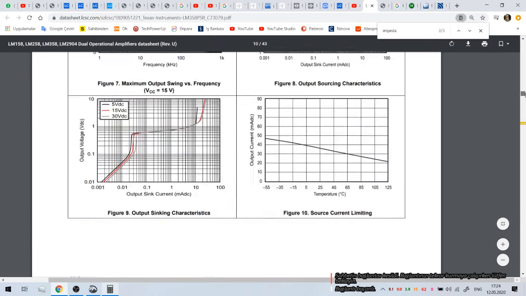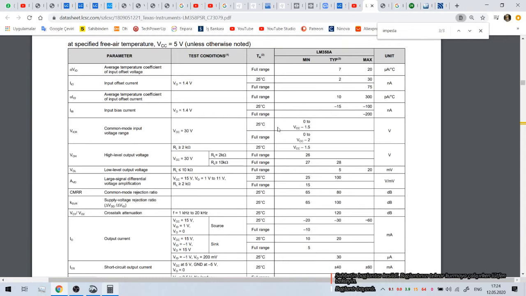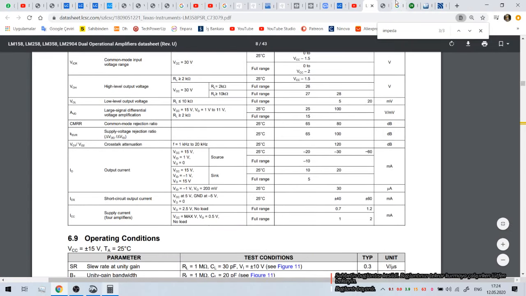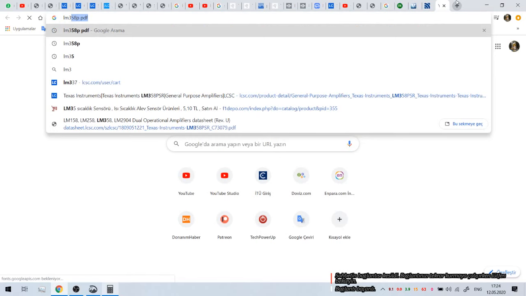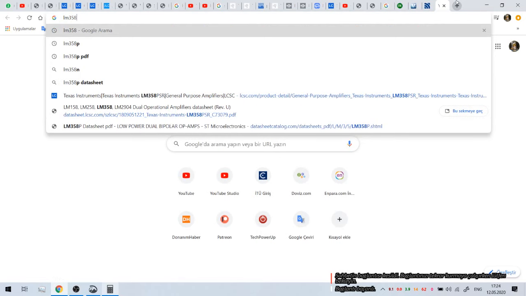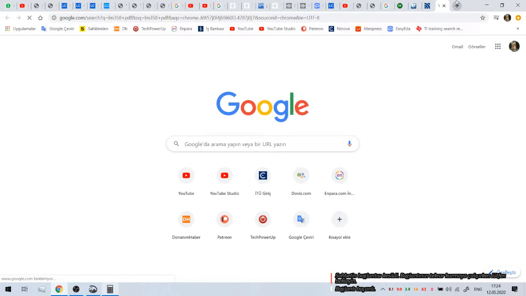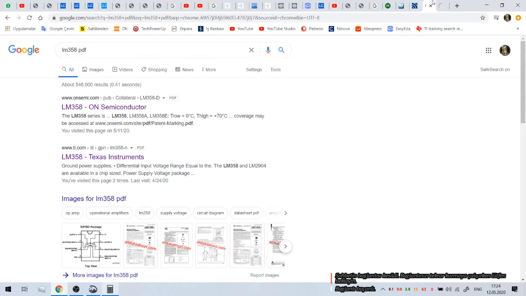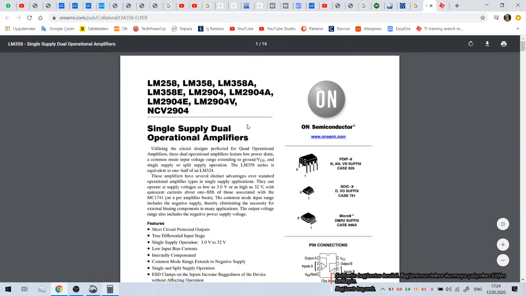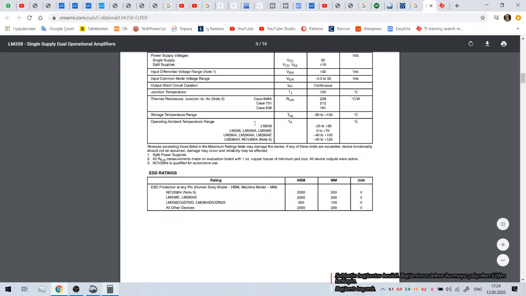It doesn't state. Okay, go for another data sheet. LM358 PDF. Also, I will look at onsemi, a different manufacturer.